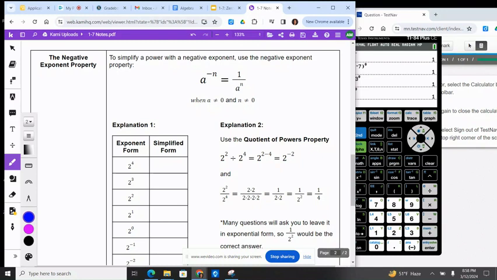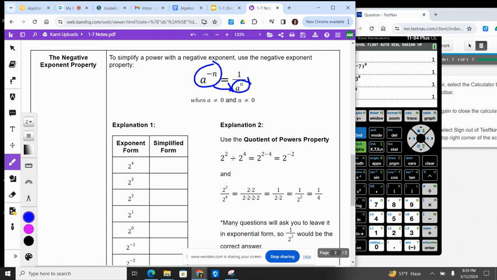We don't like having negative exponents. So what you need to do is rewrite it with a positive exponent. So here we have a to the negative n. All of these can be replaced with numbers, but if you have a negative exponent, you want to rewrite it so it has a positive exponent. I want you to notice how this gets dropped down into a denominator and it becomes positive.